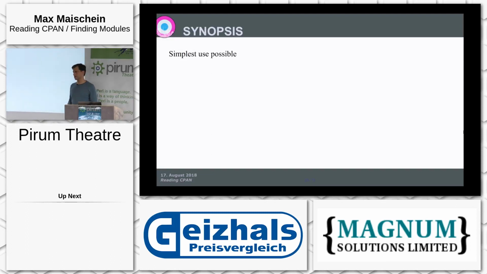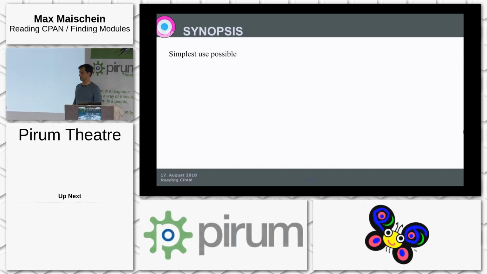The most interesting section in pod documentation to me is the synopsis. It should show the simplest use of the module possible, or at least show the use of the module within 5 to 10 lines of source code. And ideally, you can cut and paste that into a small program, maybe add some trivial or obvious configuration, and have a working program.